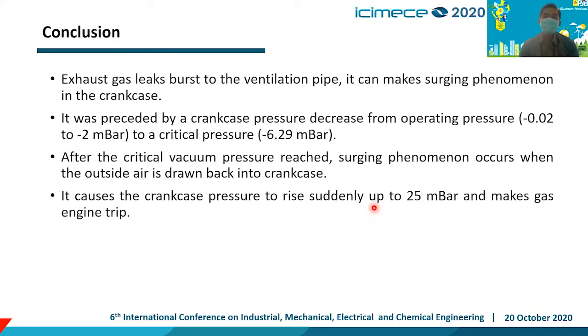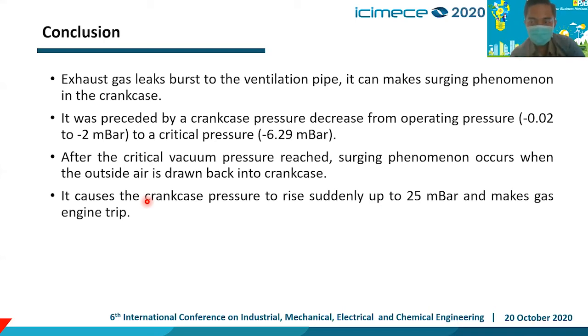So for the conclusion of our paper: first, exhaust gas leak bursting onto the ventilation pipe can cause the surging phenomenon in the crankcase, like we said in the slide before in the abnormal condition. The second is that it was preceded by a crankcase pressure decrease from operating pressure, minus 0.02 to minus 2 millibar, to a critical pressure of about minus 6.29 millibar.